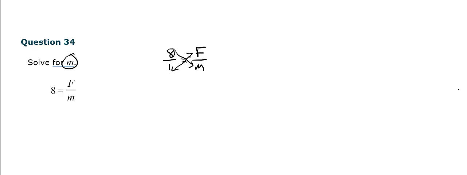And again, it doesn't make a difference which one comes first. So I can multiply 8 times m, and that gives me 8m equals 1 times f, which gives me f. So in this case, since we're solving for m, I need to divide both sides by the coefficient, which is 8. And our answer would be m equals f over 8.